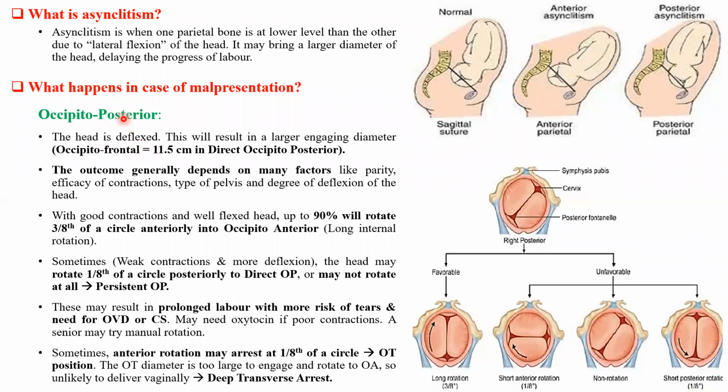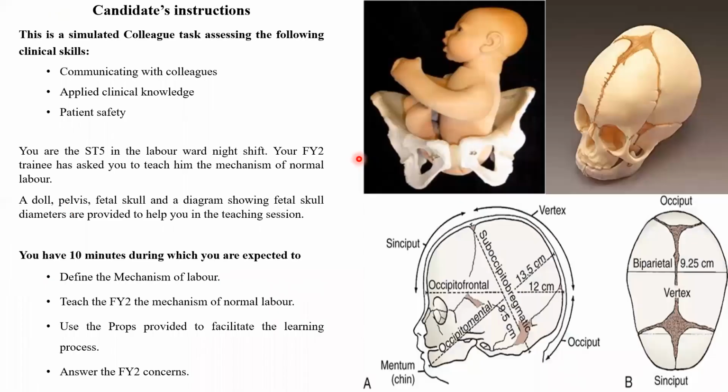When the head is deflexed in occipito-posterior, this will result in a larger engaging diameter. The engaging diameter here will be the occipitofrontal diameter. The occipitofrontal diameter is 11.5 to 12 centimeters. So instead of the suboccipitobregmatic diameter in occipito-anterior position, it will be the occipitofrontal diameter, which is almost 12 centimeters in occipito-posterior position.